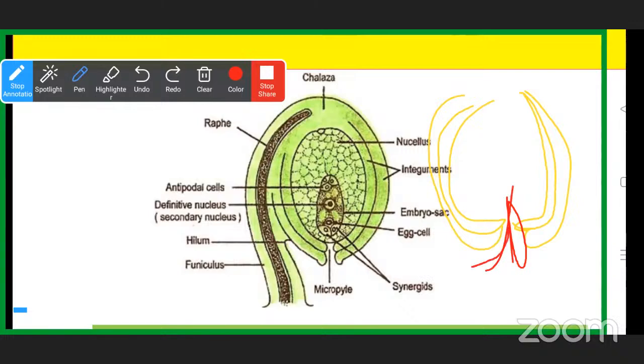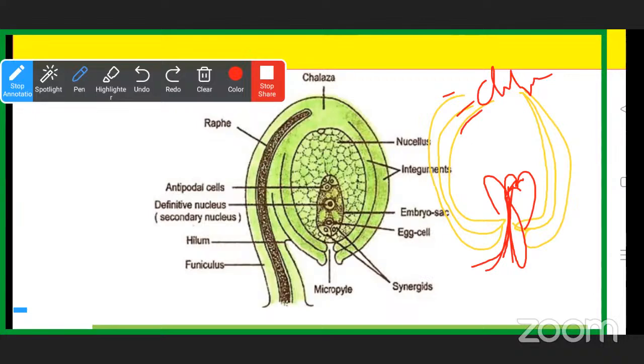From here, the male gamete will go inside toward the egg cell. That is the micropylar end. The other end, where the integuments end, is called the chalazal end.